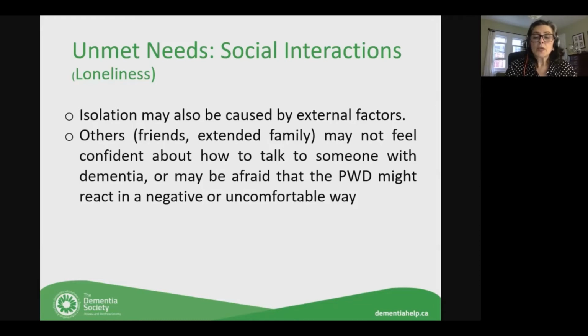And so for that reason, there's a falling away of individuals who stay connected. So in that case, it's really important to reach out and try and find support for the individual in any way that you can. And that's where some of the services like the Dementia Society can be useful.